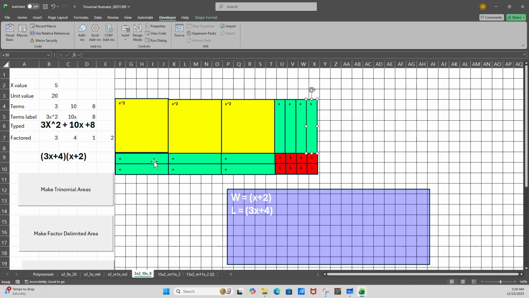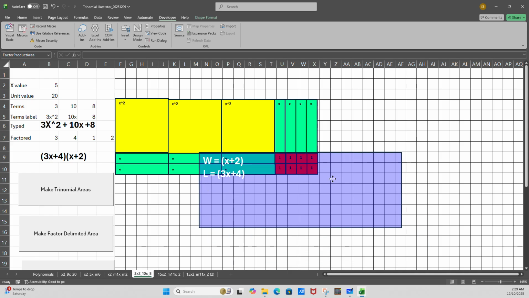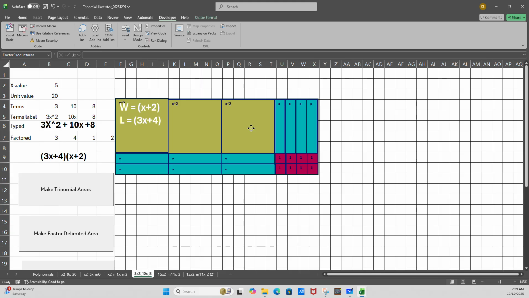So you can be expanding this by 2 in this direction for each of these and expanding it by 4 in this direction. And then what you'd have left over is that 8. And those 8 fit nicely in here because it's 2 by 4. And if you take this and put it over it, you can see that the areas match up. And this is x plus 2 and 3x plus 4.